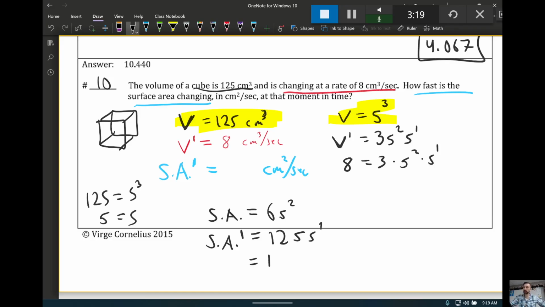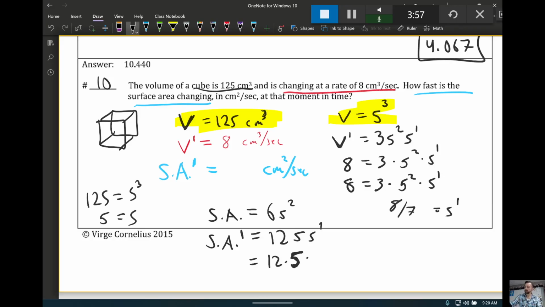So I need to know what S is. I just figured that out here. It's 5. Sorry, my 5's and my S's look the same. And I need to know what S prime is. So even though this seemed like a dead end and not useful, it is useful, because at some point you have to solve for S prime as well. So now that we know S is 5, S prime is 8 divided by 3 times 25.